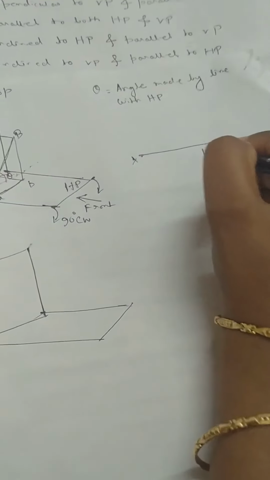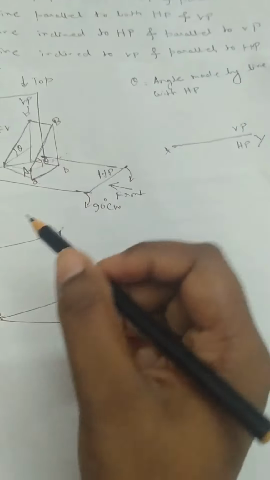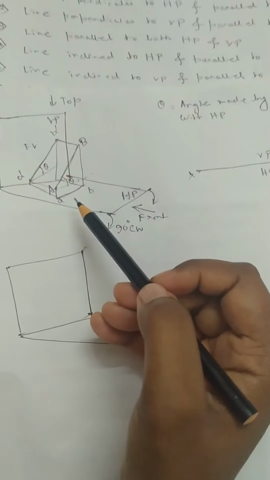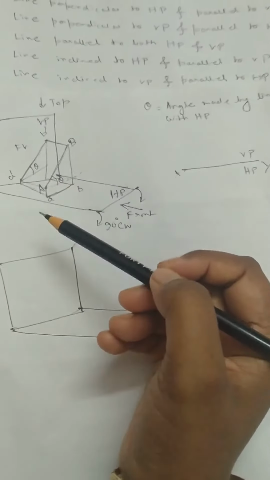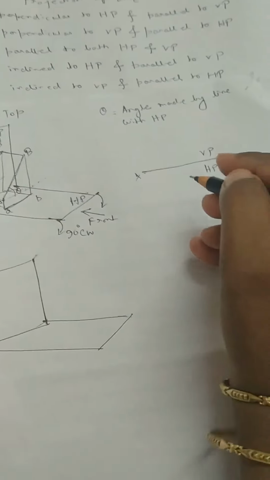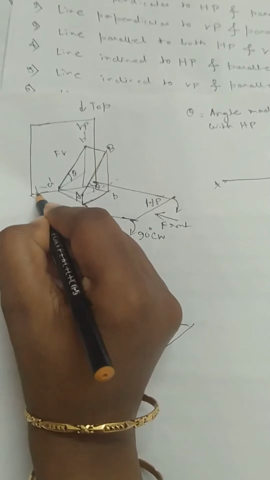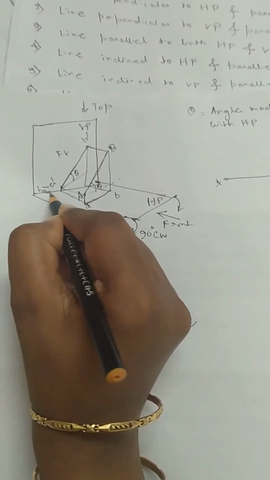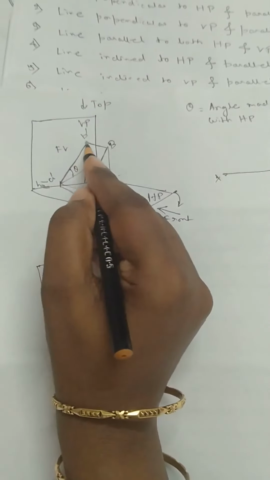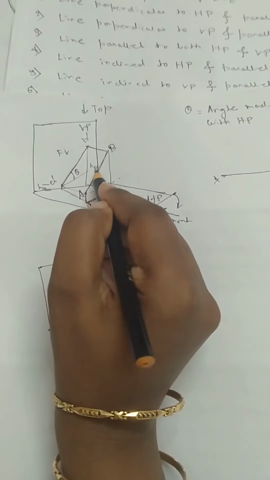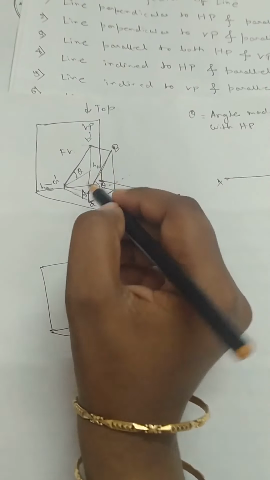Then this will be our HP, this will be our VP. And now what we saw? Front view giving a true length of AB line. So what is the length of this? This is HA, and this will be HB. Here you can see HA and HB is not same.